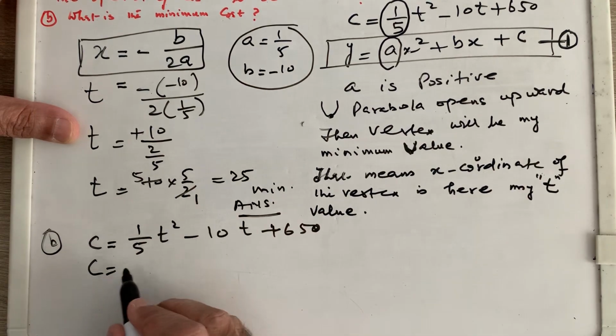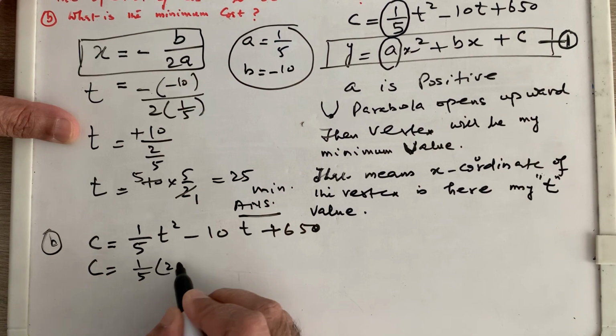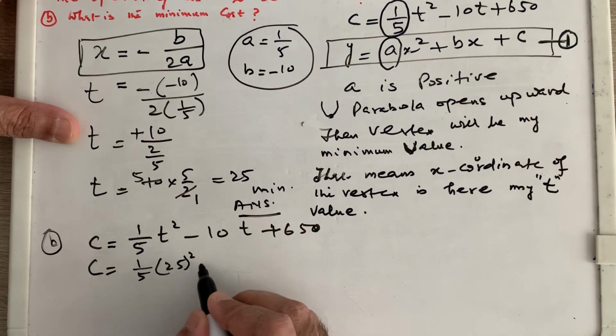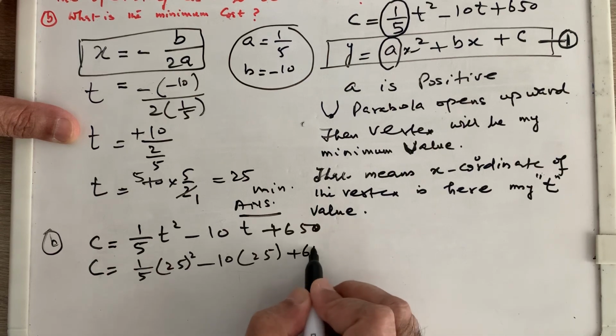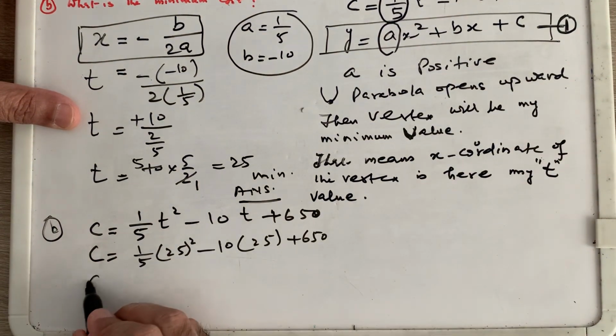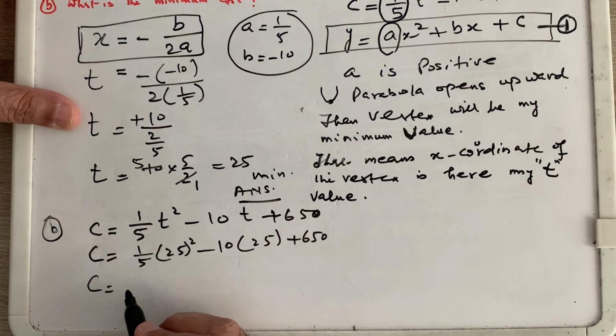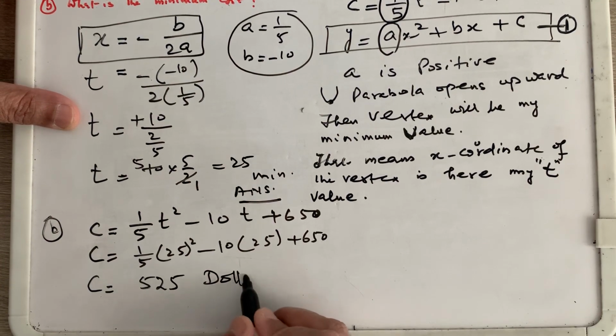So we have to replace t with 25. 1 over 5 times 25 squared minus 10 times 25 plus 650, right? And then you can simplify it. C is equal to, if you simplify it by calculator, maybe you will get $525. This is your minimum cost.